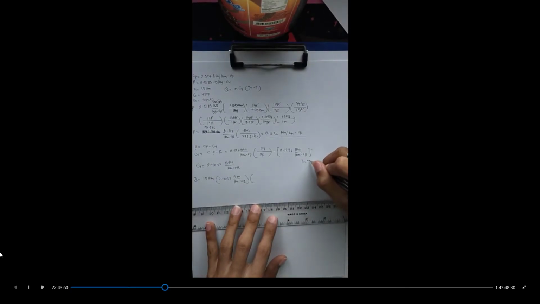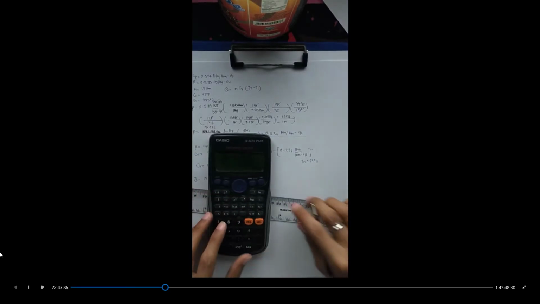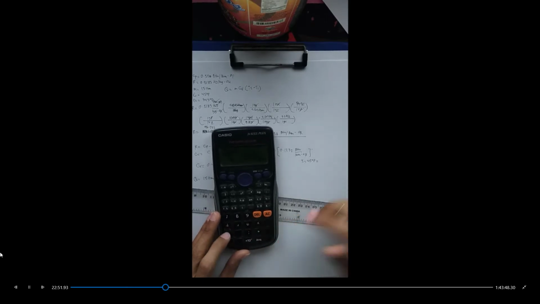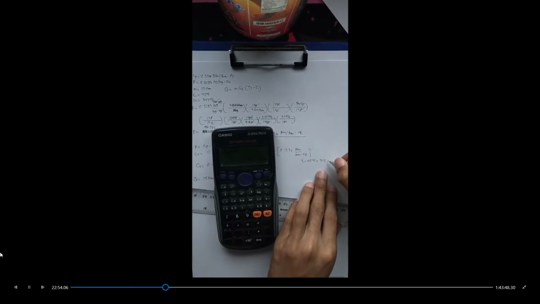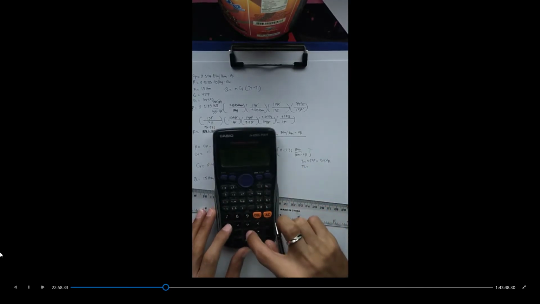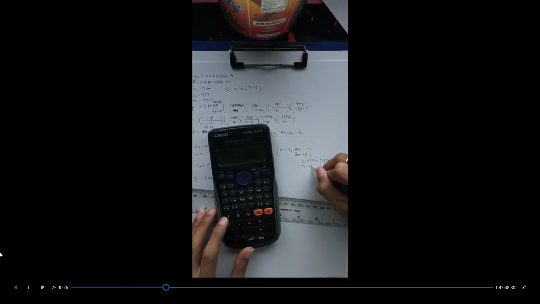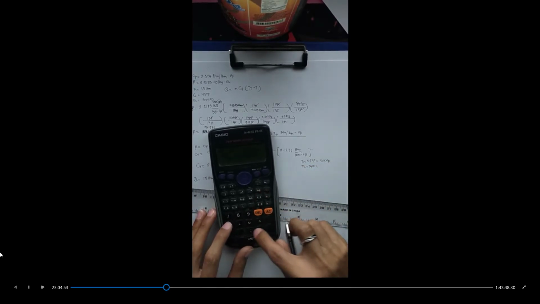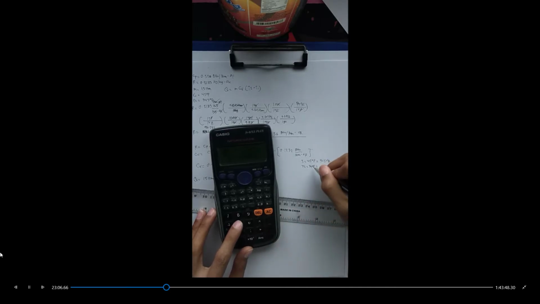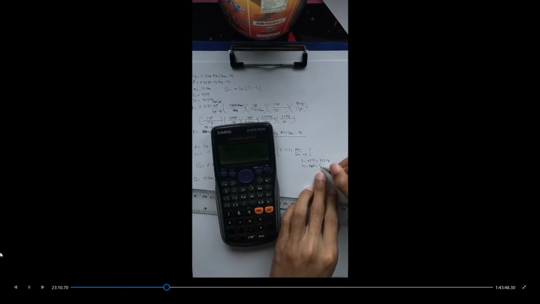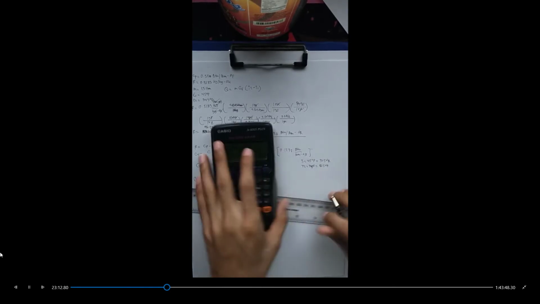T1 equals 45 degree Fahrenheit. If we are going to convert this one to Rankine, we're just going to add 460. So 45 plus 460, 505 degree Rankine, and my temperature 2 equals 345 degrees Fahrenheit. I'm just going to directly add 460 to that. 345 plus 460, so it will become 805 degree Rankine.